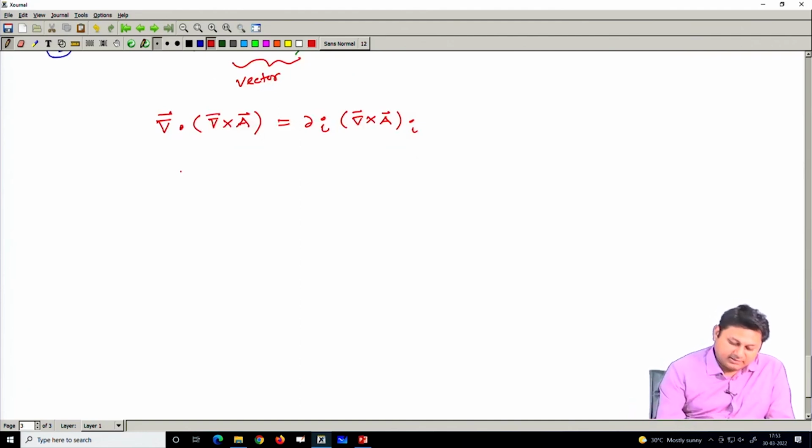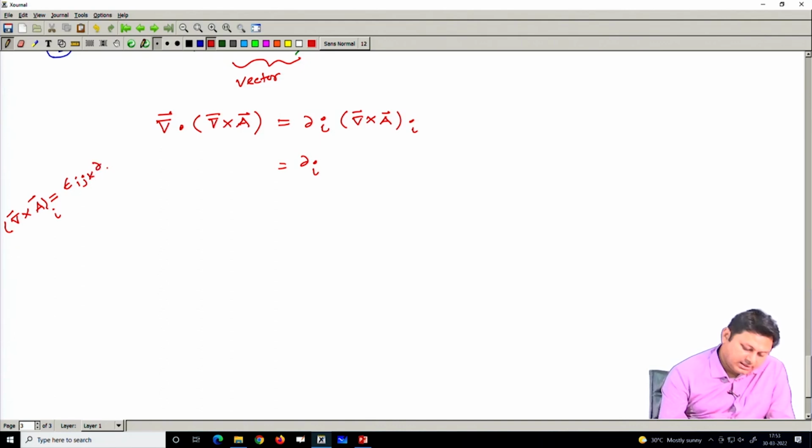Now, I expand this: we know that the ith component of curl is epsilon ijk del j A k.